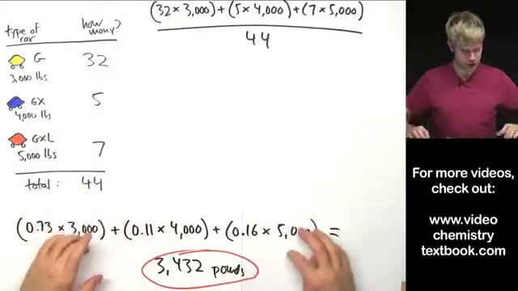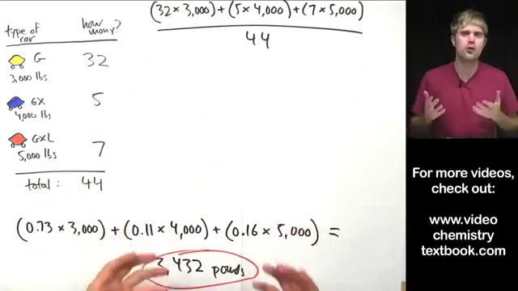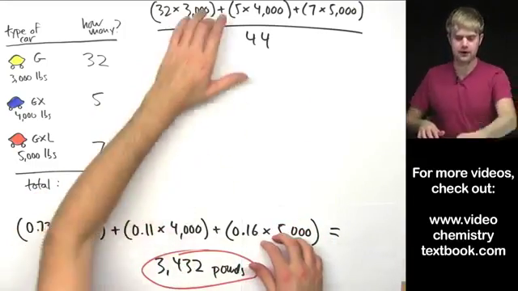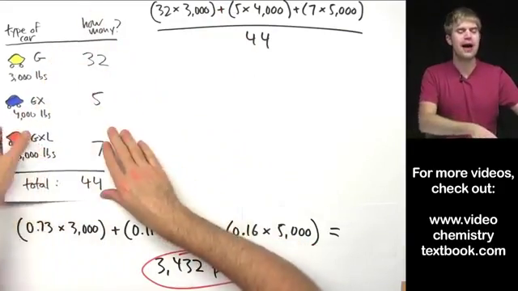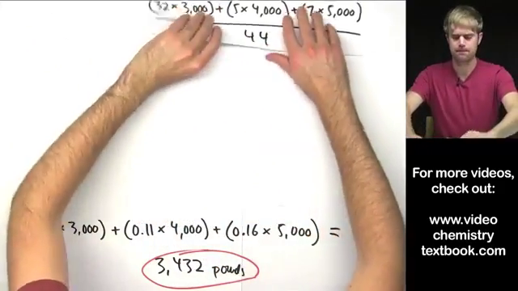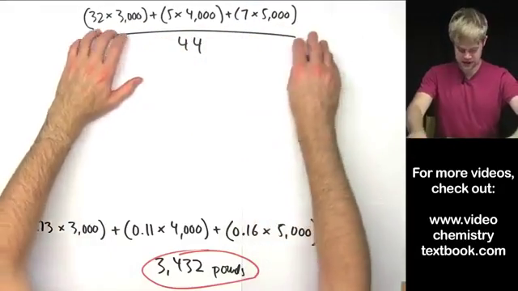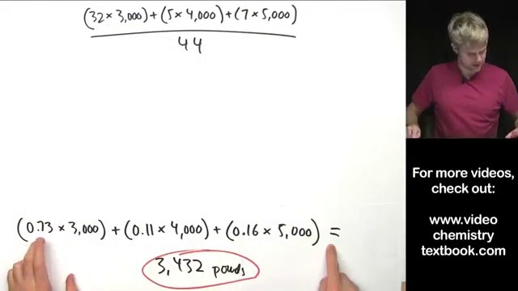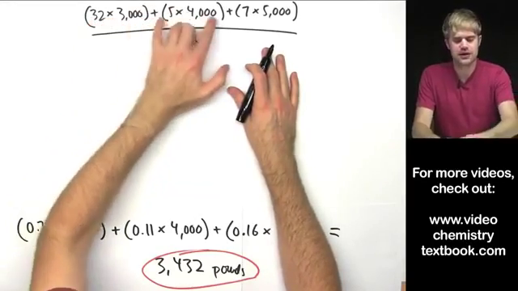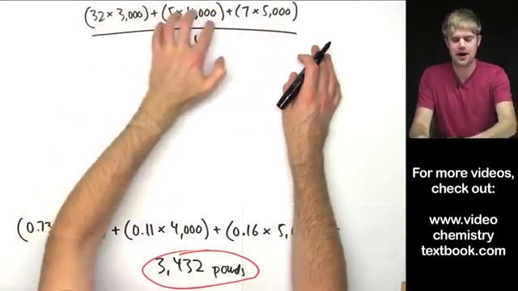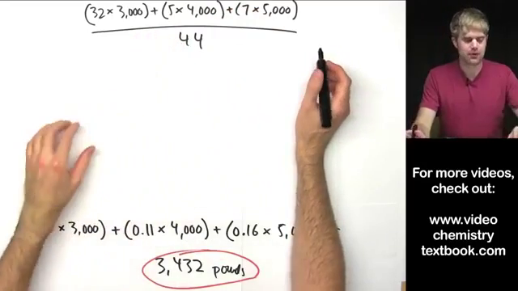So these two expressions are equivalent ways of writing the calculation for the weighted average for this information here. Let me show you how they're equivalent. We're going to take this and we want to end up with something that looks like this. The first thing we can do is we can see these 3 different things that are added together on the top of a fraction. We can separate them out.